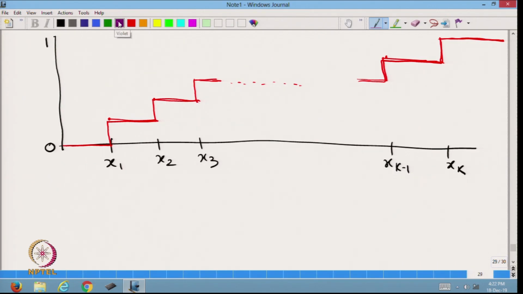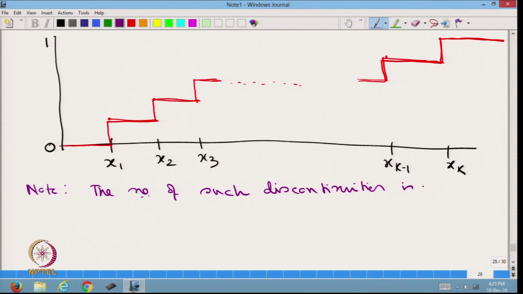Now, note that the number of such discontinuities is at most countable.